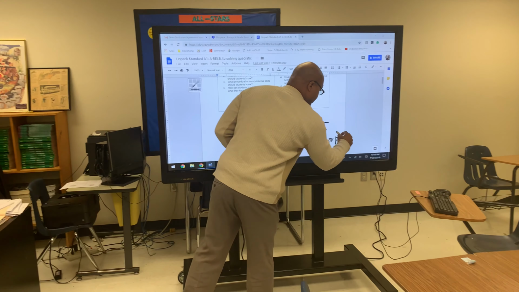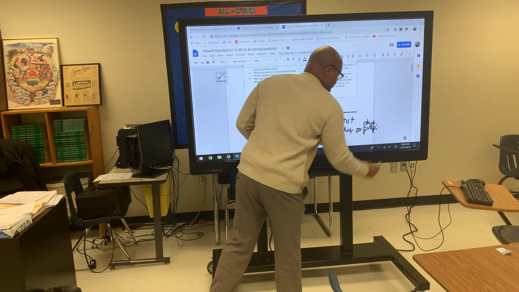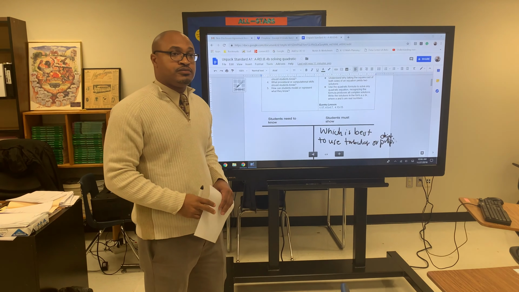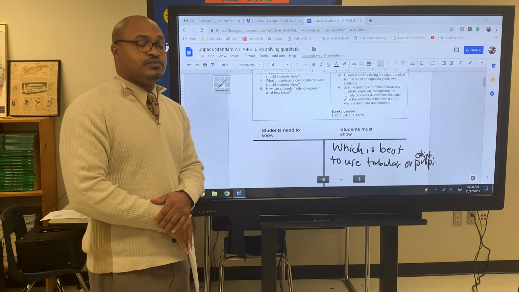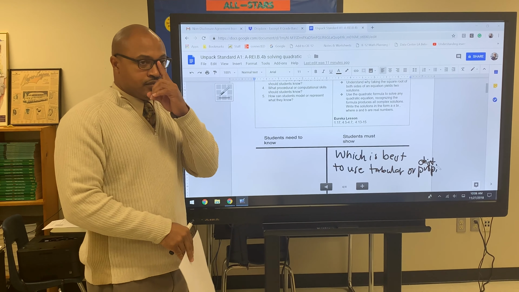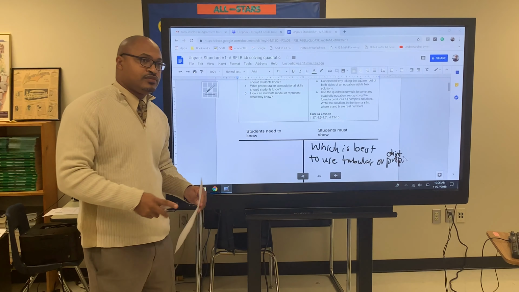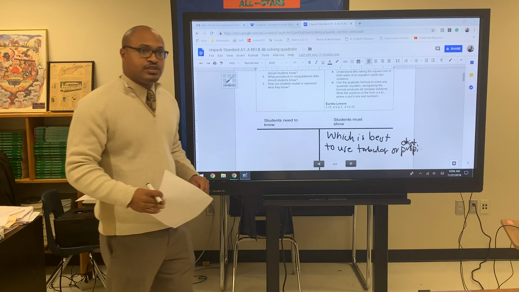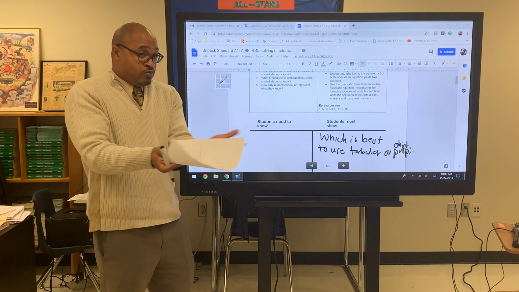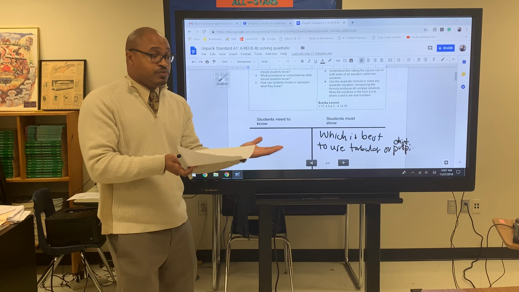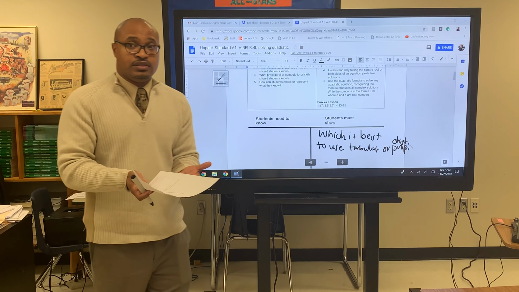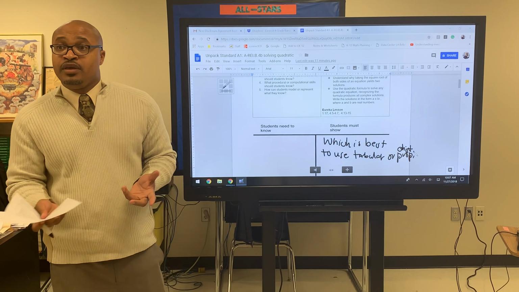Because if an equation is not factorable, if it's not going to give you an integer, then you most likely use the quadratic formula or complete the square. So determining which is best. We want to create some questions that do that.